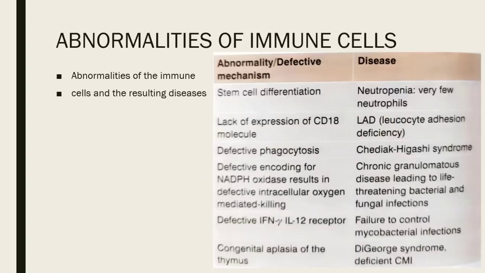Defective phagocytosis could lead to Chediak-Higashi syndrome. Defective encoding for NADPH oxidase results in defective intracellular oxygen mediated killing, and that results in chronic granulomatous disease, leading to life-threatening bacterial and fungal infections. So these were the diseases that could happen due to abnormality of immune cells.